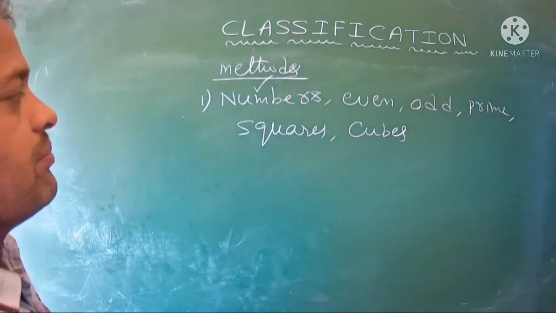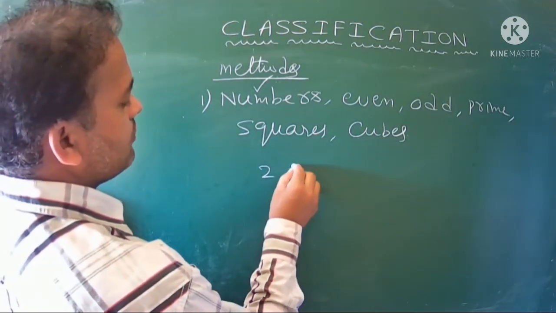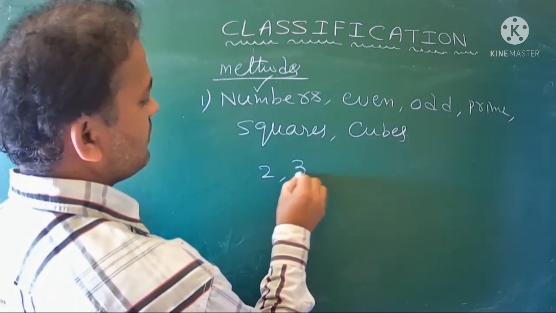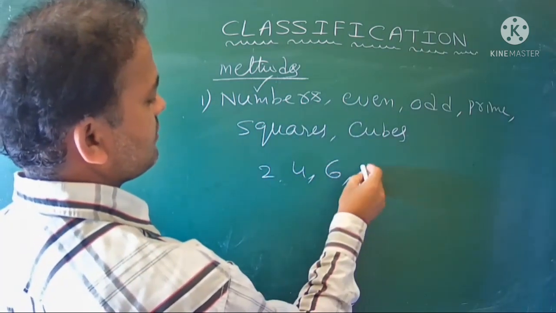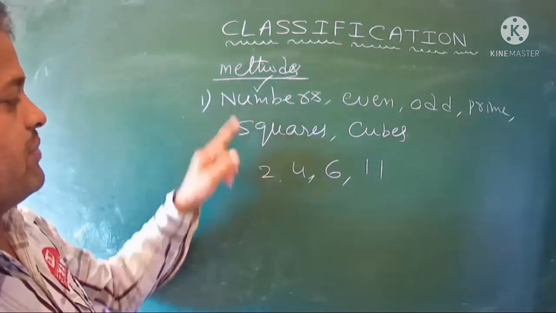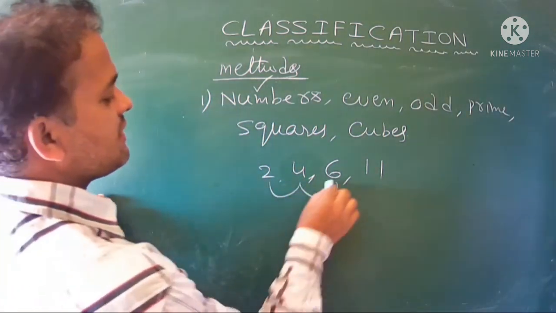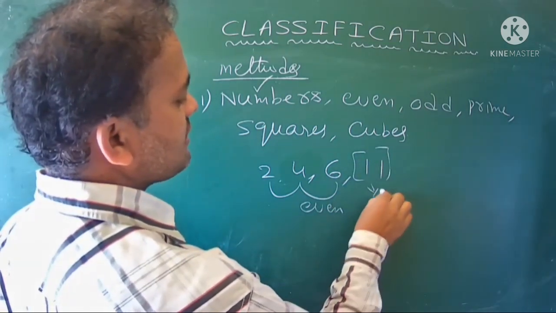First of all, in numbers, what is the example? For example, 2, 4, 6, 11. In these numbers, 2, 4, 6 are even numbers, and 11 is an odd number.